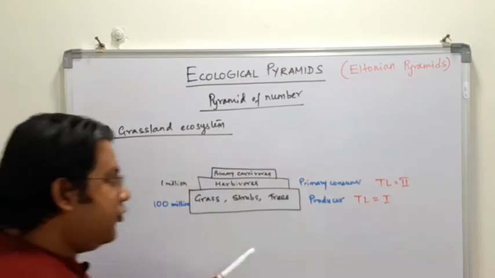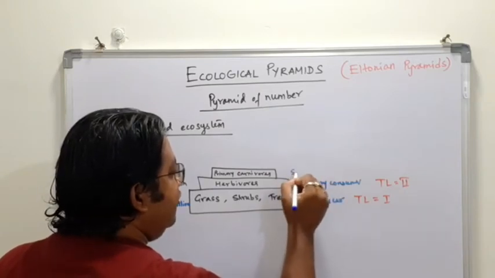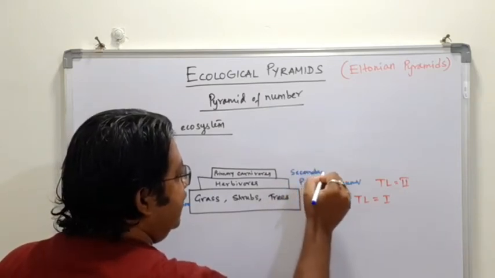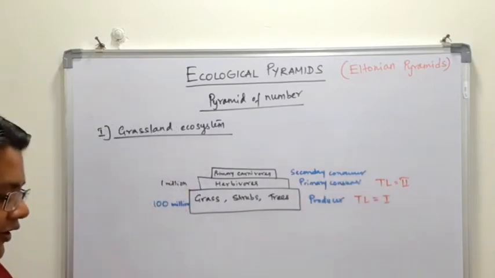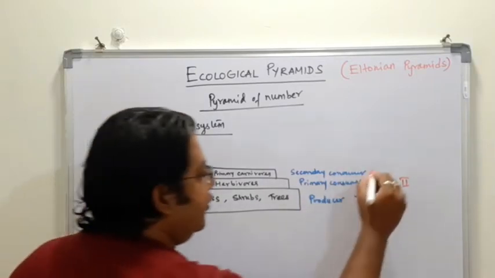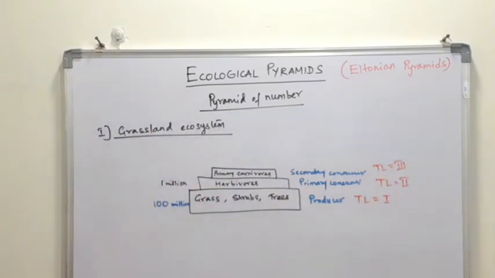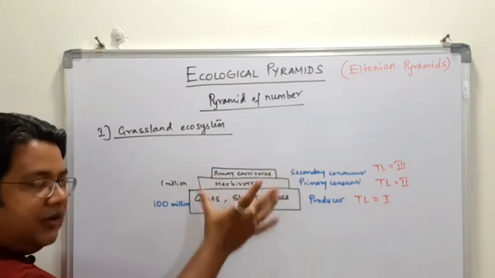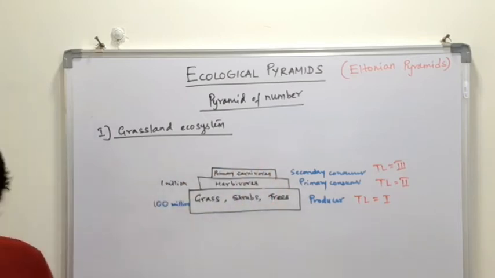So this is the secondary consumer, I write it over here, and this is trophic level number 3, and the slab is again smaller because the number of herbivores is more as compared to the primary carnivores.